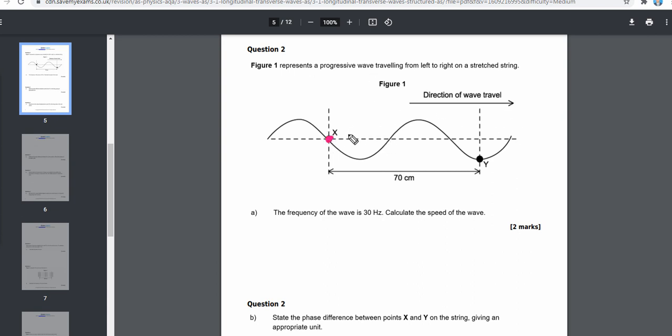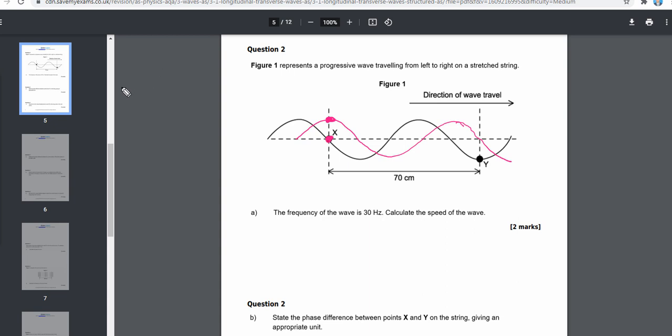Let's suppose after a quarter cycle, what will happen when the wave goes to the right? After the quarter cycle, the pattern of the wave will be like this. It has traveled 90 degrees to the right, so point x will come over here.